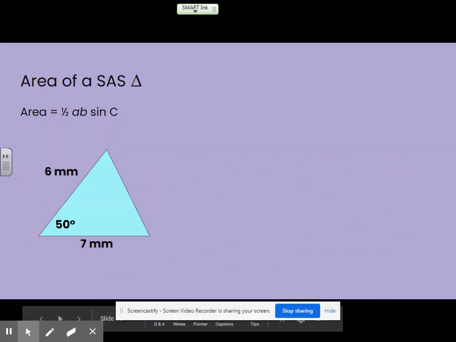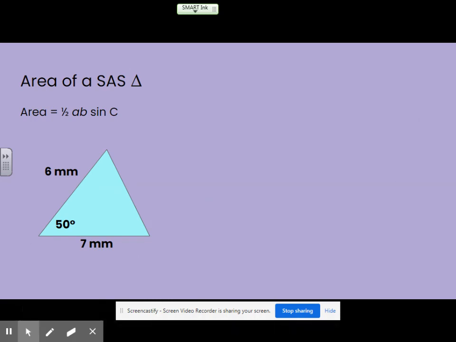The last thing that we're going to talk about is the area of a side angle side triangle. Now, you might be wondering, hey, we've only been talking about angle, angle, side. We're going to talk about this one because it utilizes sine, and we're talking about sines in this chapter. We're used to our equation for the area of a triangle being 1/2 base times height.